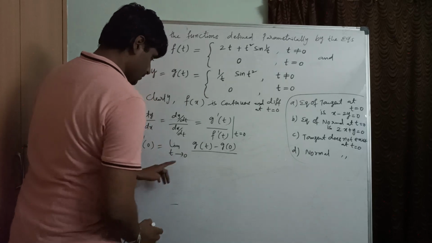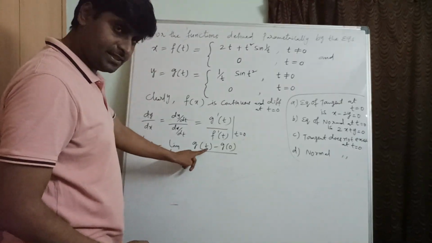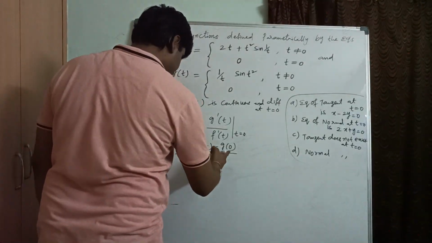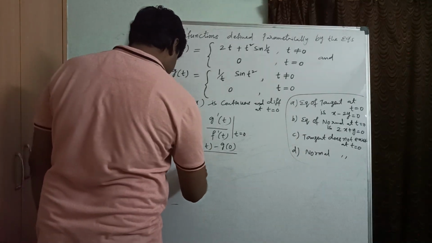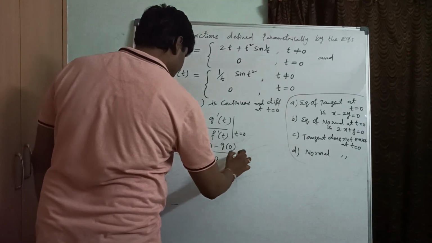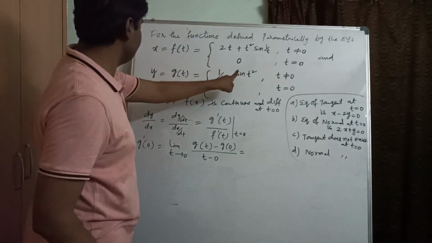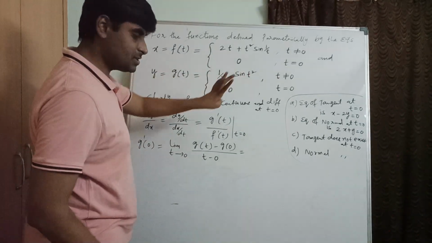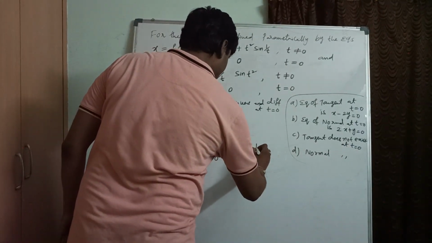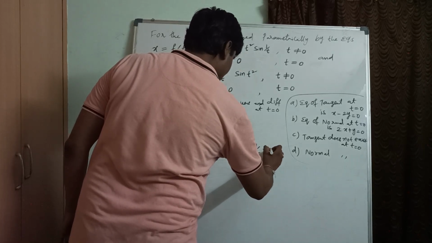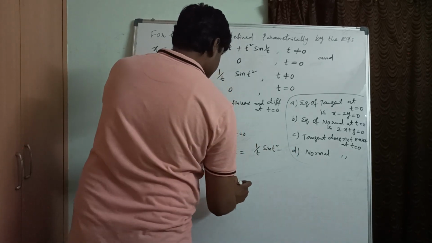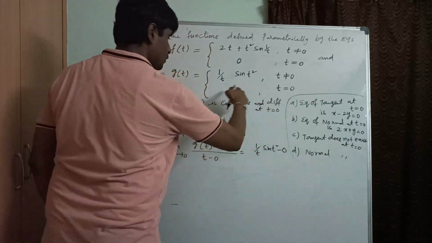Okay. Now like t tends to 0, t plus h there, right? So 0 plus t. At 0 we are going to check. So what is this? T minus 0, correct? So what is g of t there? 1 by t sin t square, right? So 1 by t sin t square minus what is g of 0 there? 0, correct?